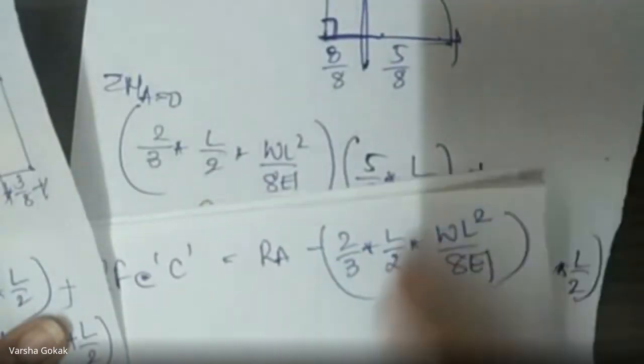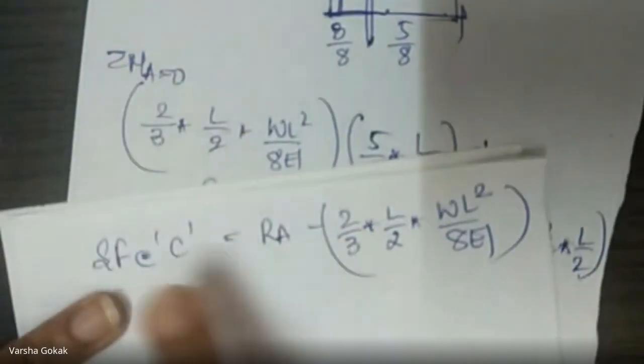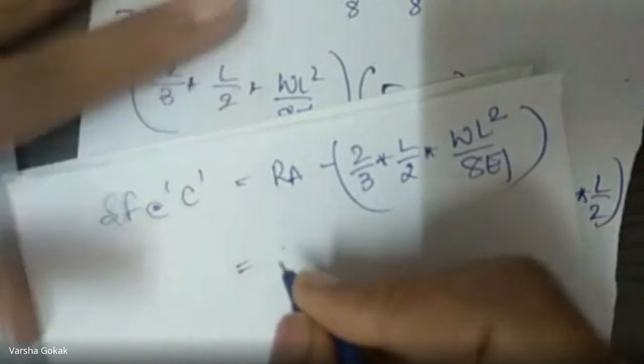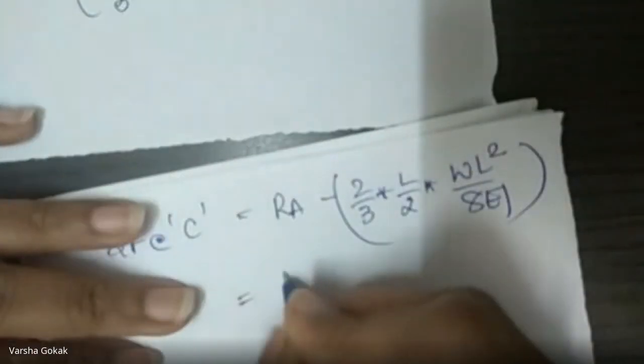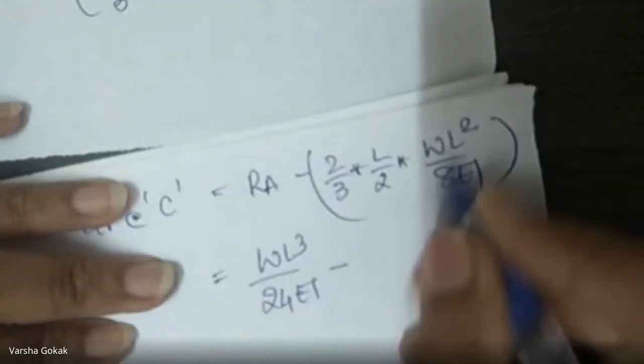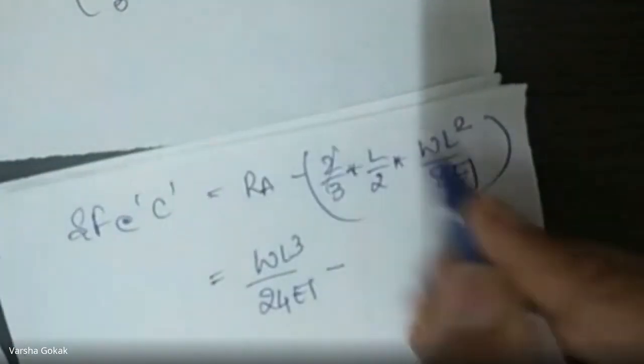I have to deduct this area from RA. That gives me shear force at C. So RA value we know. What is the value of RA we found just now? It is WL cube by 24 EI minus this, simplified.